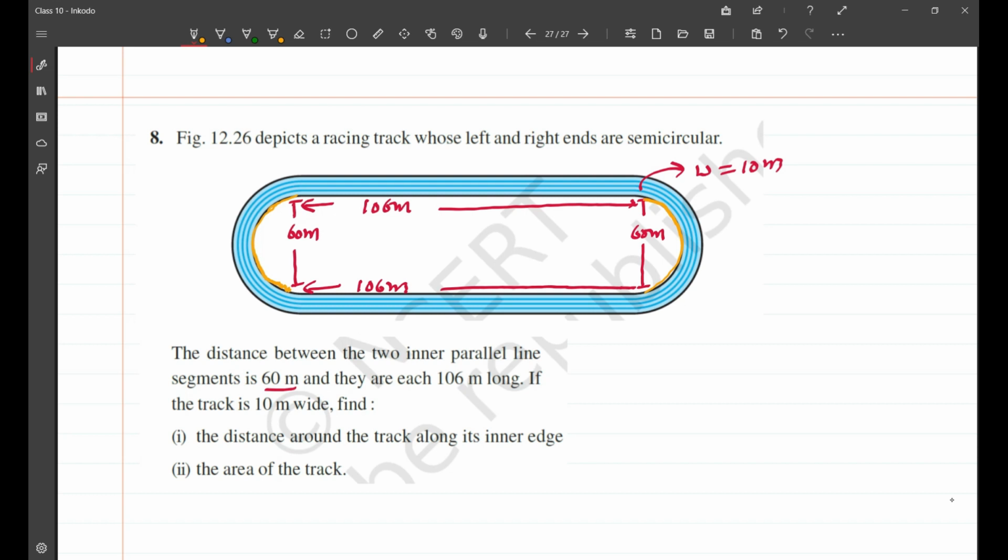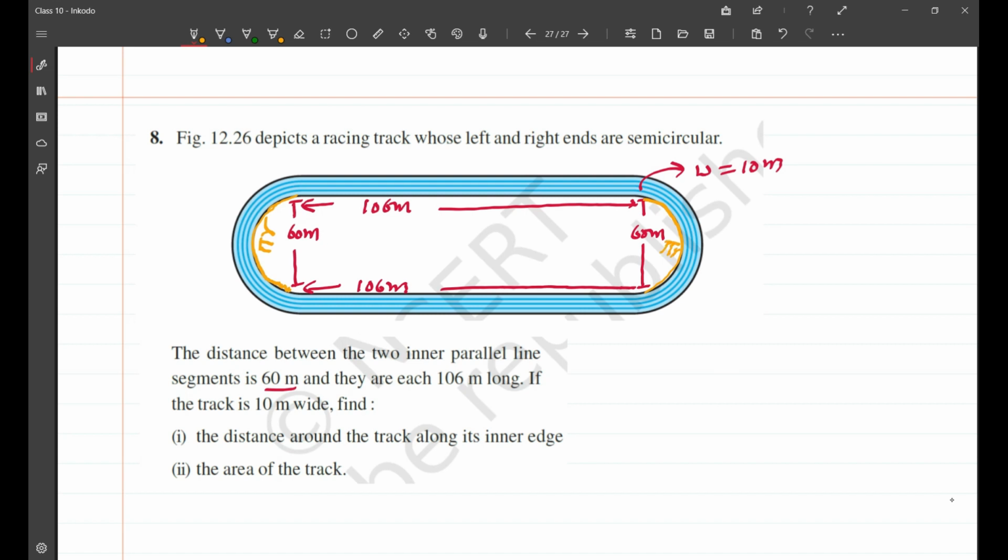As we know, the circumference of a circle is 2 pi r, and the circumference of a semicircle is pi r. So the length of this orange colored curve is pi r, and this one also pi r.